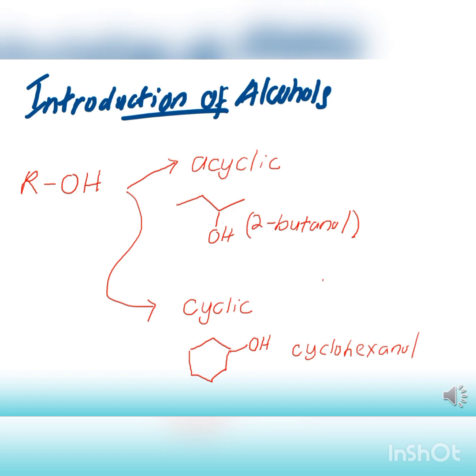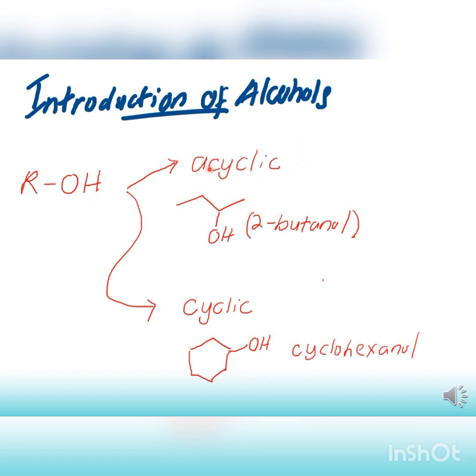Before we go further, let me introduce what alcohol is. Alcohol is a class of compound that has a hydroxyl group attached to it. The general formula can be written as ROH, and we can divide it into two classes.